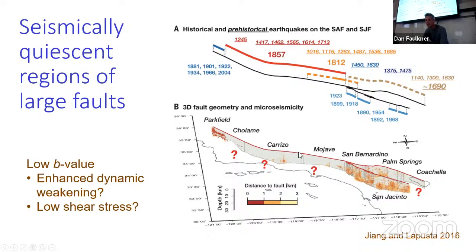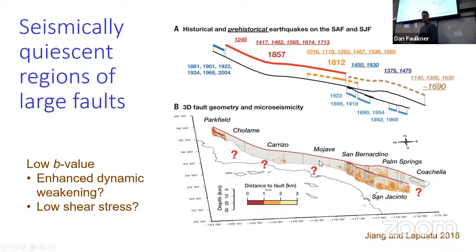This part here last ruptured in 1857, the Fort Tejon earthquake. It was a bigger earthquake than the 1906 earthquake around San Francisco. But what's been puzzling people are these areas where very, very few earthquakes, even small ones, have been recorded on the southern San Andreas Fault.